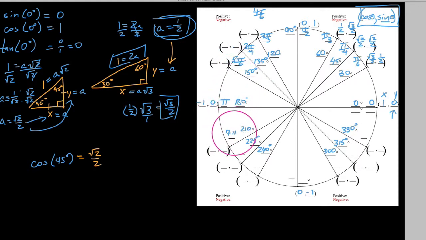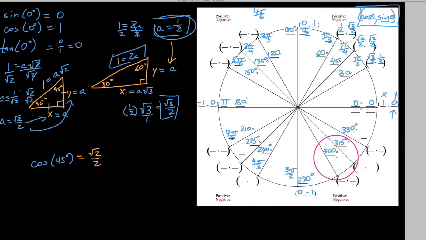This is 7pi/6 here. Another 30 would be 8pi/6, which is really just 4pi/3, or 4 60 degree angles. This would be 9pi/6 down here at 270 degrees. So 9pi/6 simplifies to 3pi/2, or 3 90s.